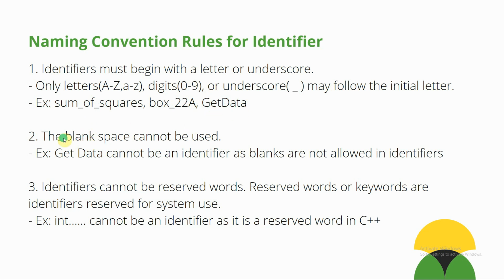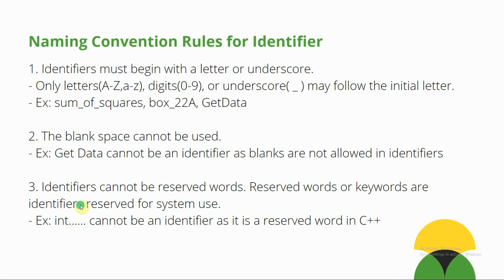So again, using numbers, digits, and underscore, which means that blank spaces cannot be used in naming your identifiers. So having this example, "get data" cannot be an identifier as blanks are not allowed in identifiers. Basically, it will produce an error once you run it in your program.